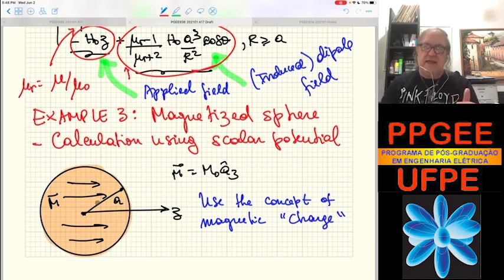Well, we know that the result is going to be uniform field inside and dipole field outside. But let's do it. Let's use the concept of magnetic charge now. So the sphere is going to be replaced by the equivalent of volume charge density, which is minus divergence of m inside.